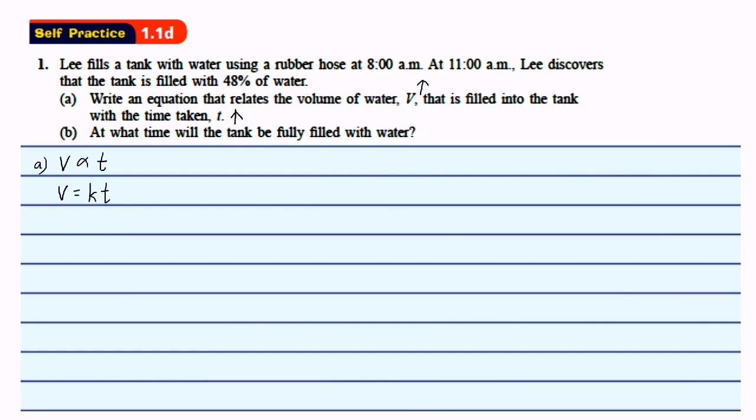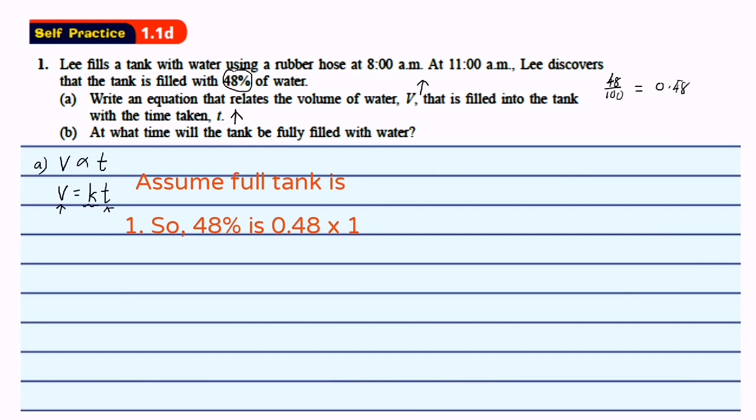Okay, now you need to find the value of K. To find the value of K, you need to substitute the value of V and the value of T. So what is the value of V? 48% of the water. So 48% is 48 over 100. If written in decimal, it is 0.48.